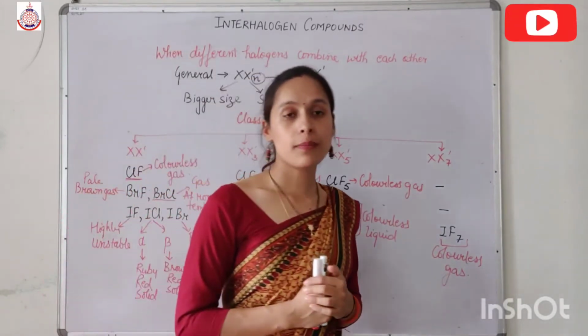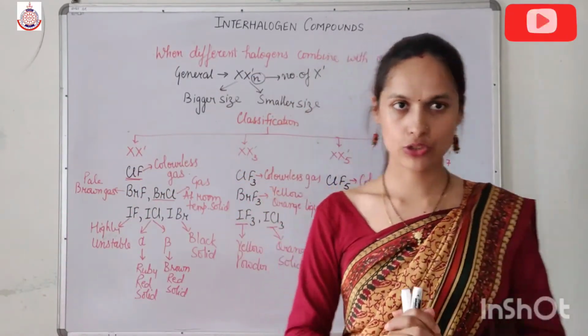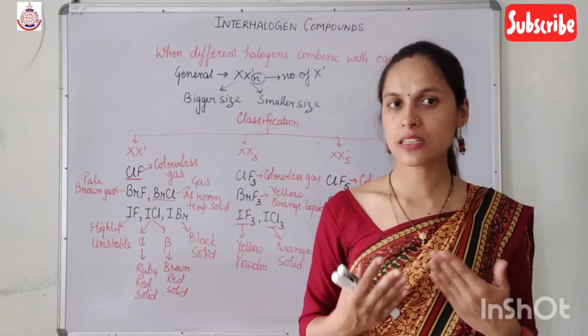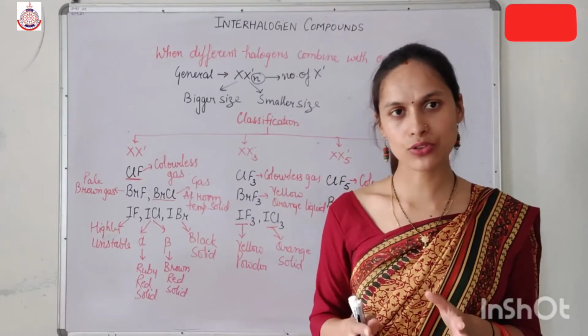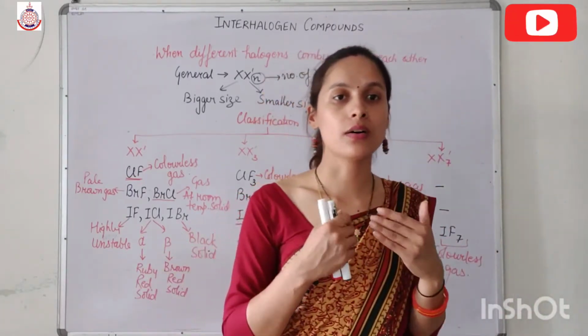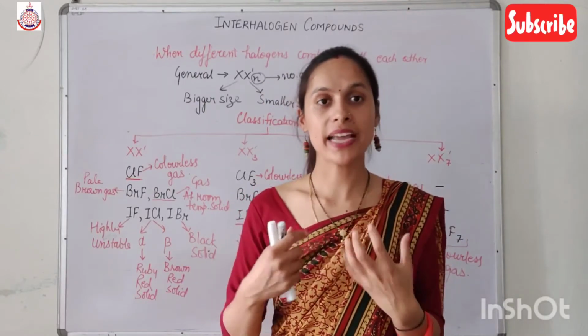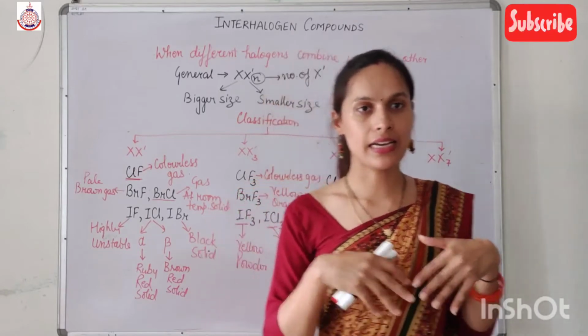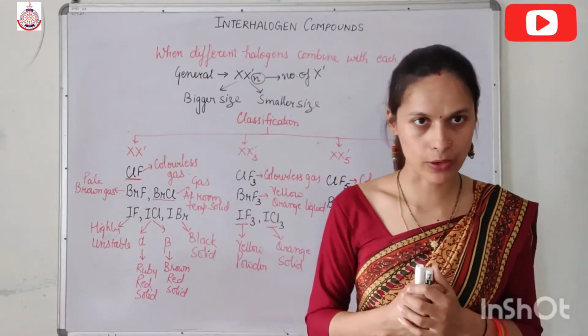Now, if we talk about the preparation of the interhalogen compounds, they are prepared either by the direct combination of the halogens or by the action of a more electronegative halogen on the less electronegative, lower interhalogen compound.